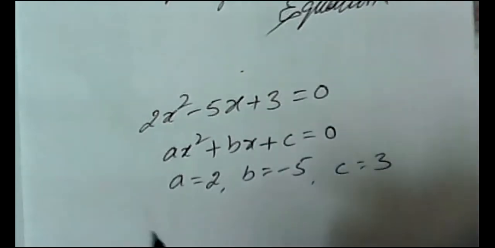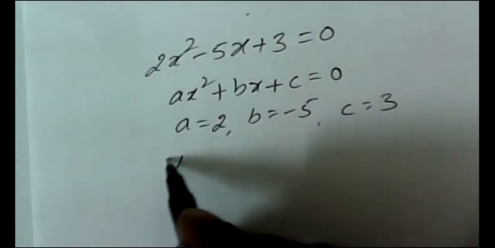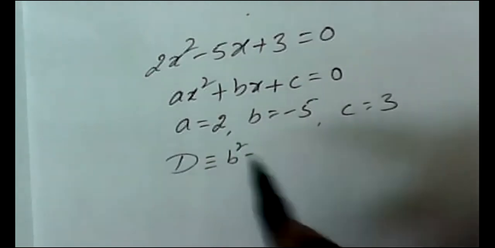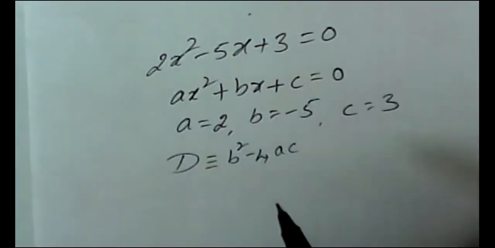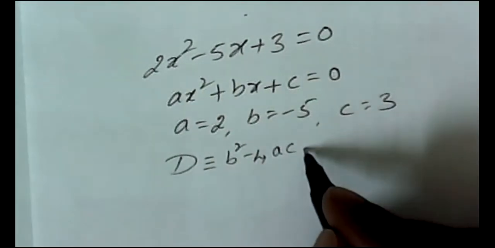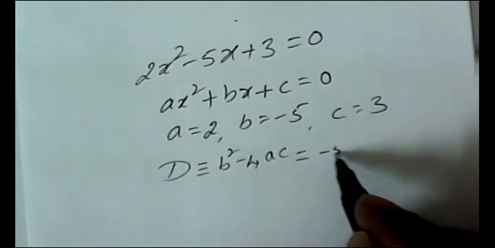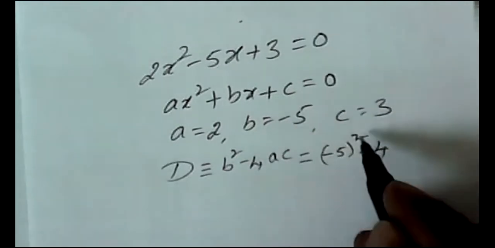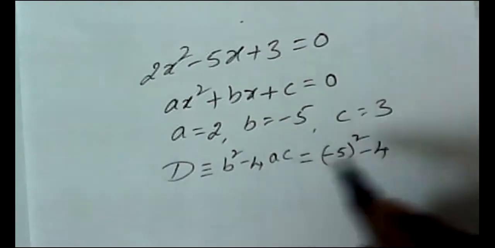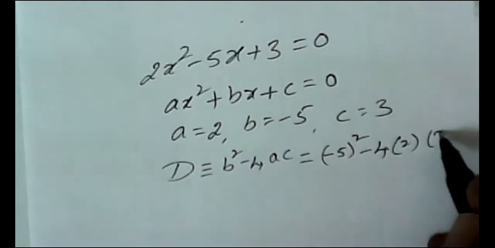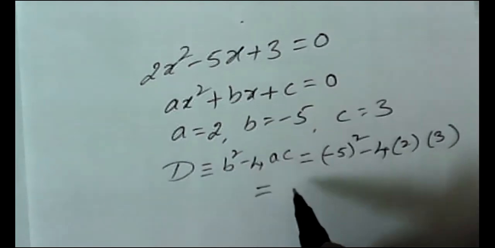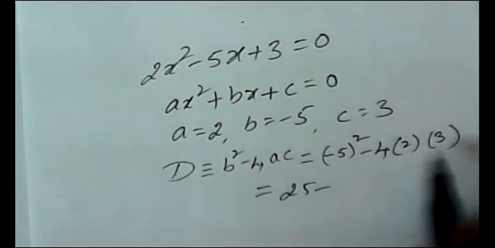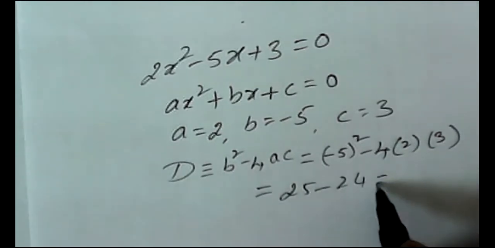Now, discriminant D is identically equal to b square minus 4ac, is equal to minus 5 whole square minus 4ac. A is 2, c is 3, is equal to 25 minus 4 times 2 times 3, that is 24, and what you are getting is equal to 1.